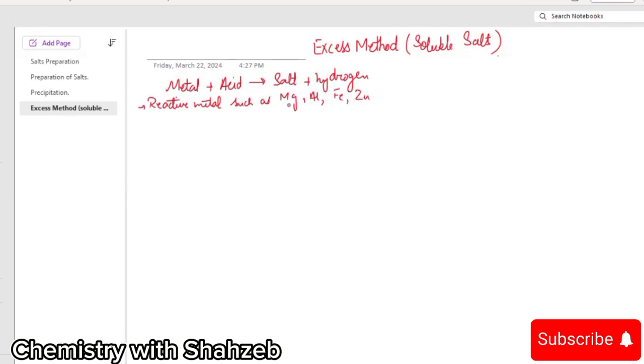Because the metals at the top, like sodium, potassium, calcium, are too reactive to react with this acid because the reaction would become quite explosive. It would not be recommended.